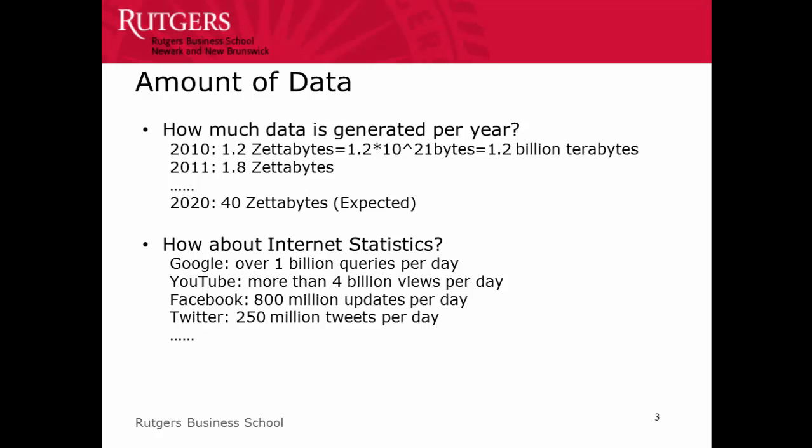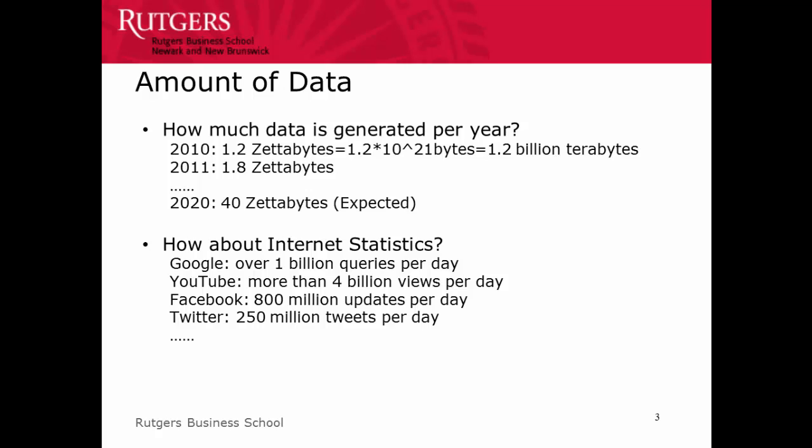If you go out and want to purchase an external drive, typically you will get one with 1 terabyte or 2 terabytes, and sometimes if you pay more, you can get a 4 terabyte external drive. So this is a huge amount, 1.2 billion terabytes.